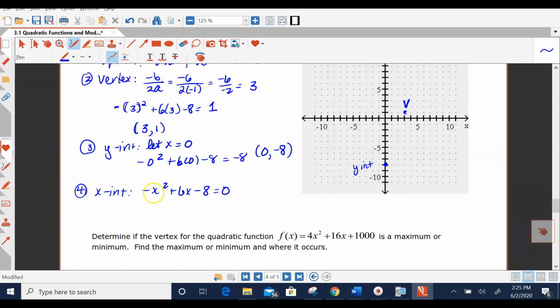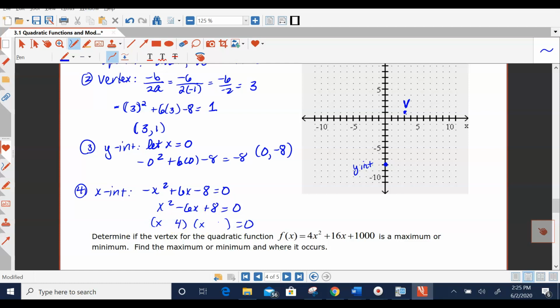I don't like having the x squared term with a negative in front. So I am going to actually just multiply everything by -1 to give me x squared minus 6x plus 8 equals 0. Then I'm going to try and factor it. Now, if it doesn't factor, you jump into the quadratic formula.